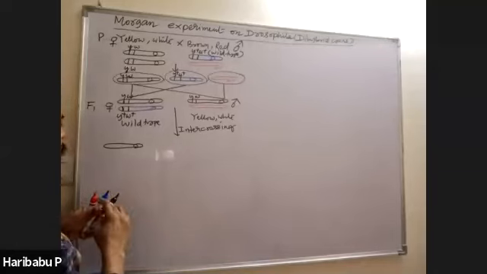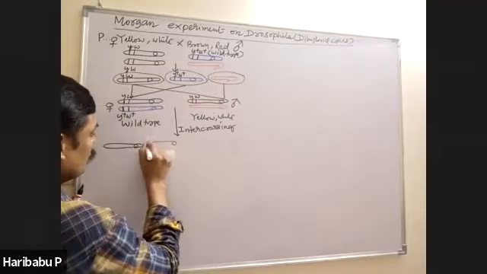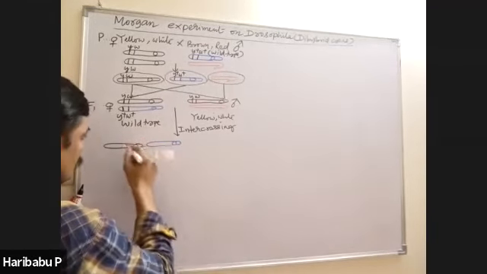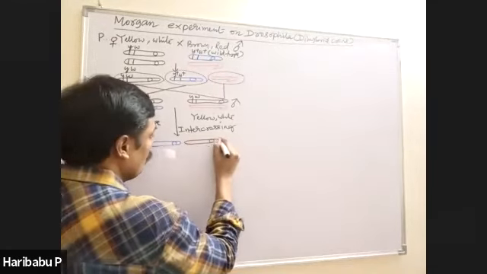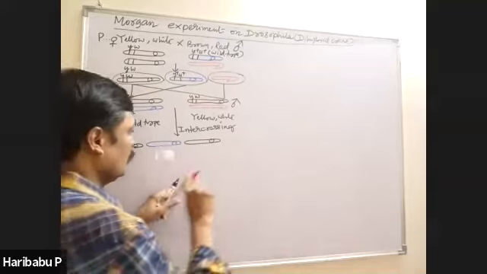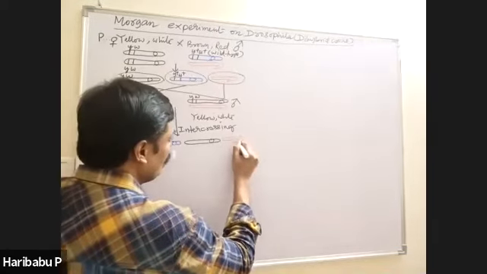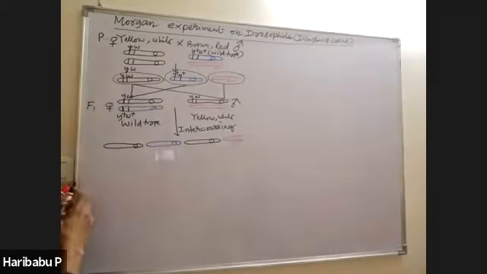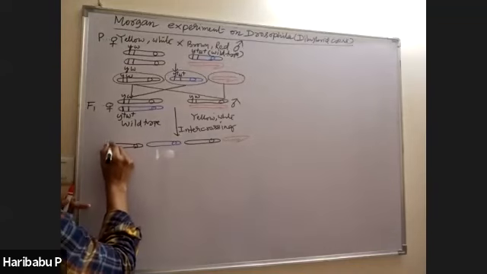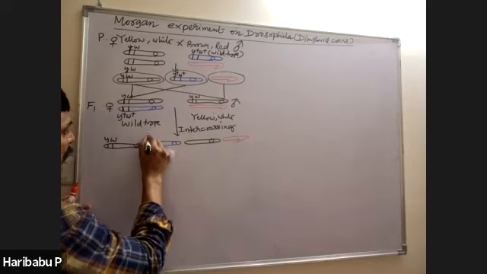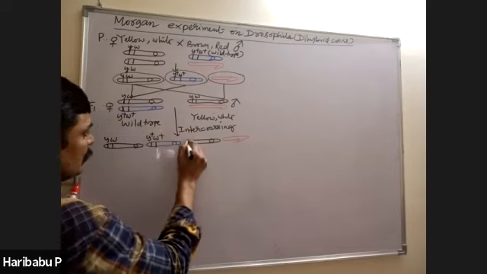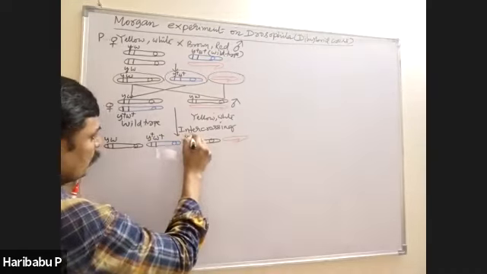This one, these two, then, right. Now the genes y, w, y plus, w plus, here y, w.